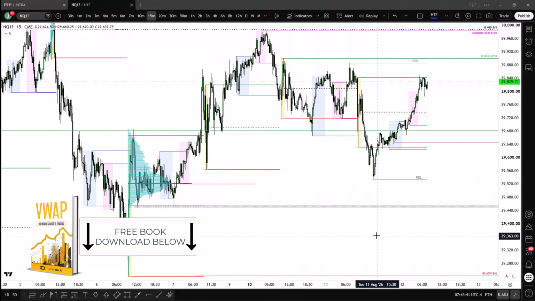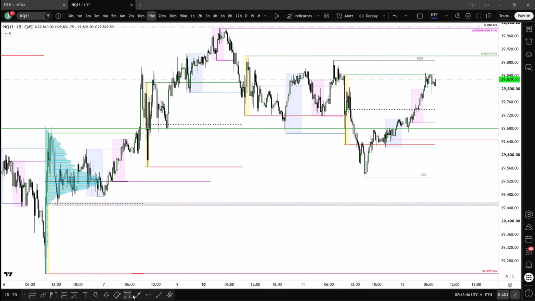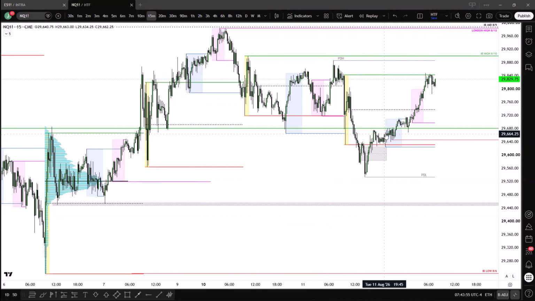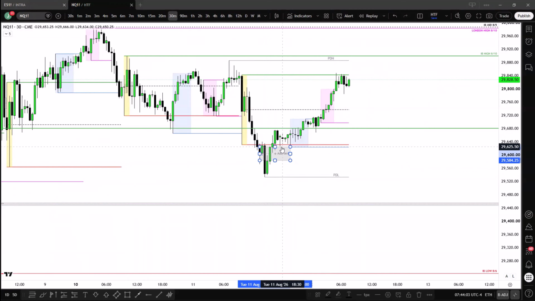Now, one way you can use smart money concepts in a situation like this is you can go long the inverse of this fair value gap right here, and target these highs up here. You can use a change in state of delivery right here off this order block.